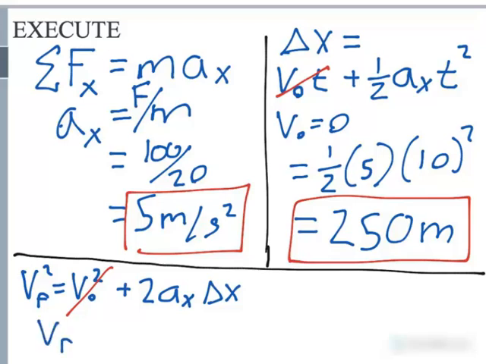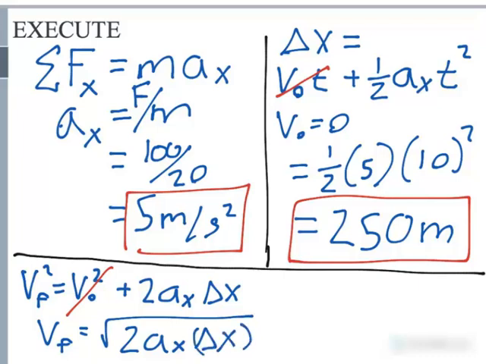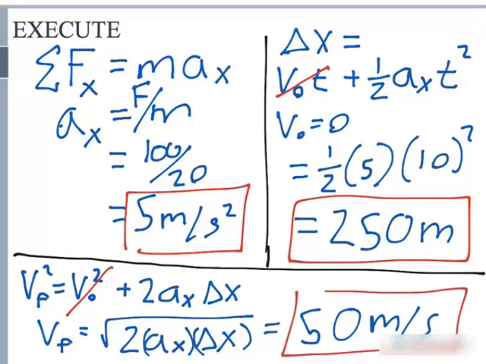And we have v final is equal to the square root of 2 a_x times delta x. If we plug in all those quantities, which we have from the beginning, with 5 meters per second squared for the acceleration and 250 meters for the distance, we are going to come up with 50 meters per second. And these are our three values.